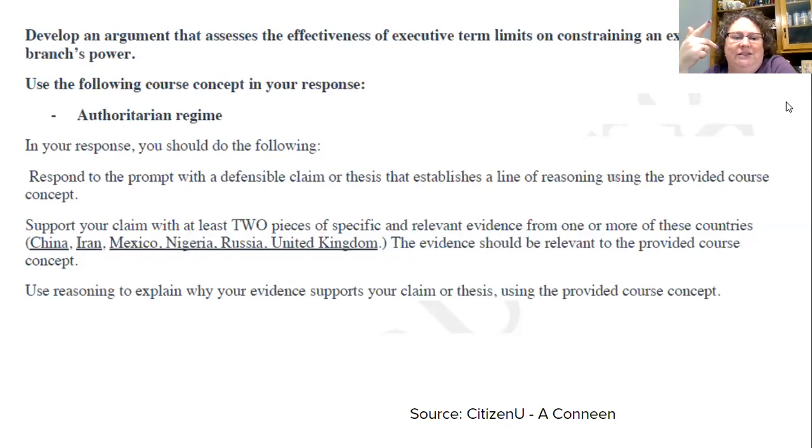So could we say something to the extent that in authoritarian regimes, the lack of term limits only strengthens the executive branch, doesn't it? I would, yeah. Okay, so then if we want to assess the effectiveness of term limits, we could say that term limits, could they prevent countries from becoming authoritarian regimes?